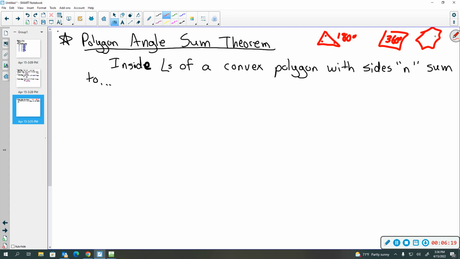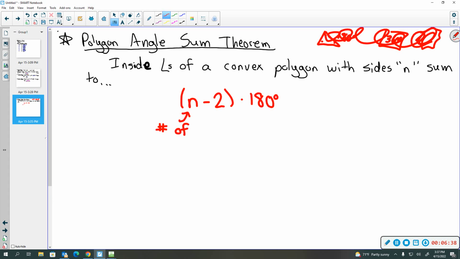How many degrees do they have? How you would find that is you would take your number of sides, we'll just call it n, subtract 2 from it, and then multiply that by 180 degrees. So this n here is our number of sides.